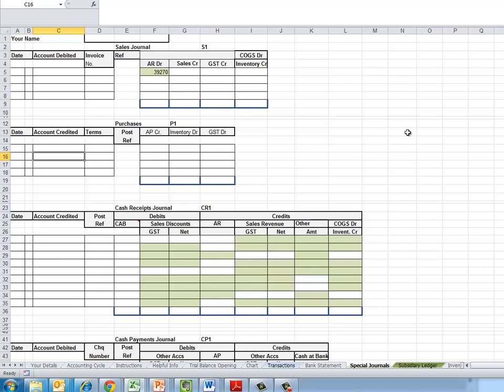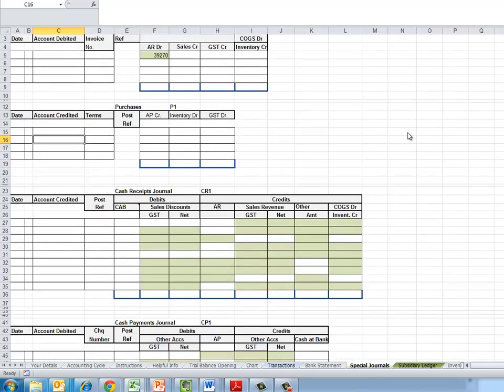So we write a check for something, that's a cash payment. The cash receipts journal is money coming in, the same point, a pretty wide definition, anything that goes into our bank account. Cash payments journal, anything that goes out of our bank account. So, you know, we write checks, but there could also be direct debits and the such.